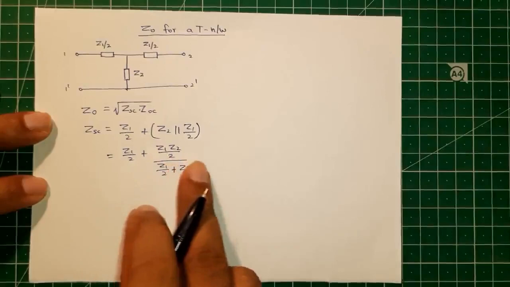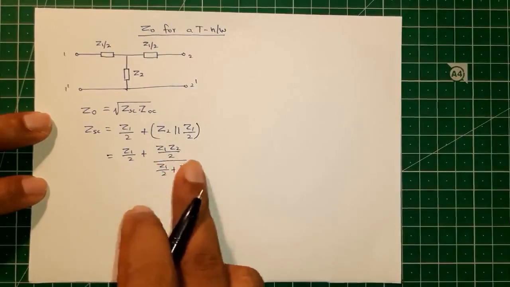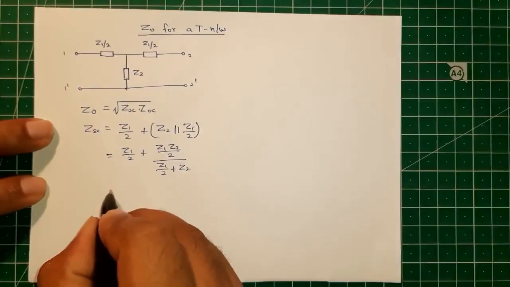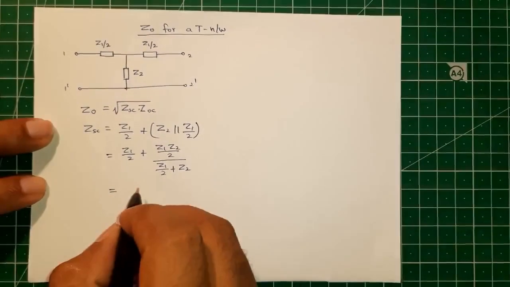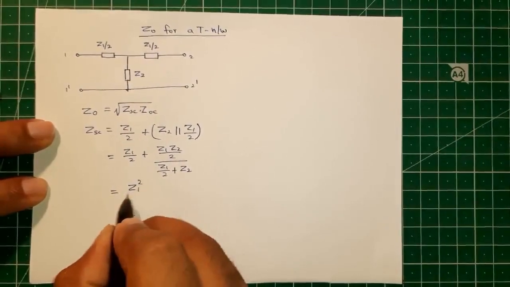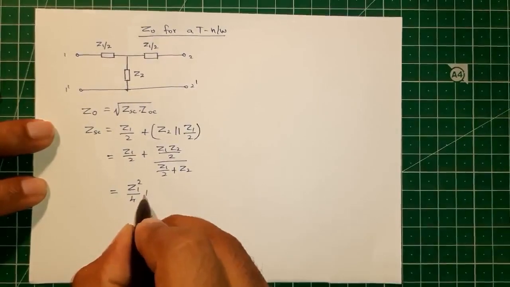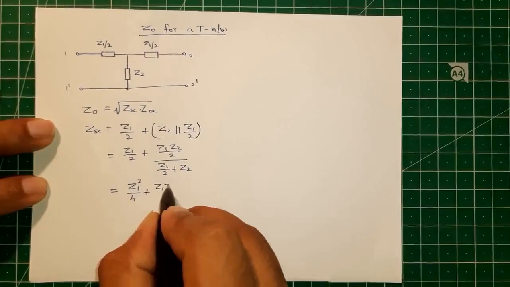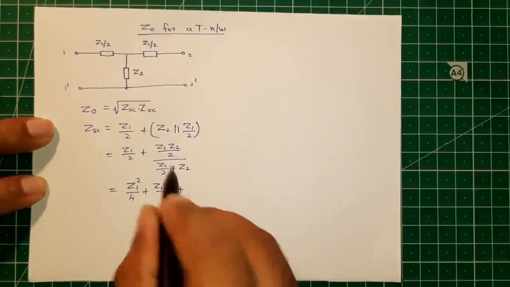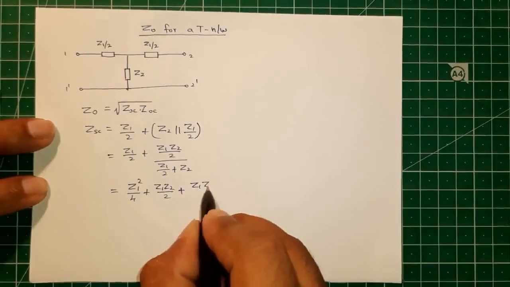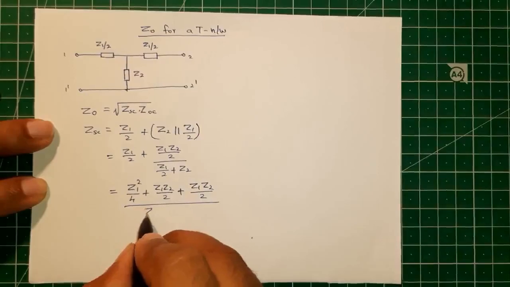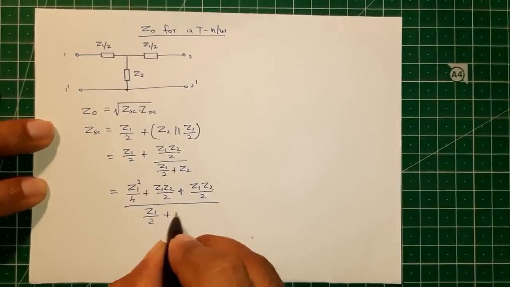Now we will keep this quantity as the denominator and bring this term to here. So when we multiply these two terms, the numerator will be Z1 square by 4 plus Z1 Z2 by 2 plus this term Z1 Z2 by 2, the whole divided by Z1 by 2 plus Z2.